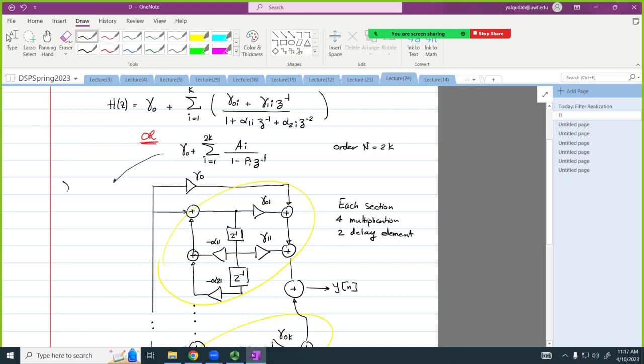So for first order, gamma 1i is going to equal alpha 2i, which is going to equal 0. And gamma 0i is going to equal Ai. And alpha 1i is going to equal negative Pi.